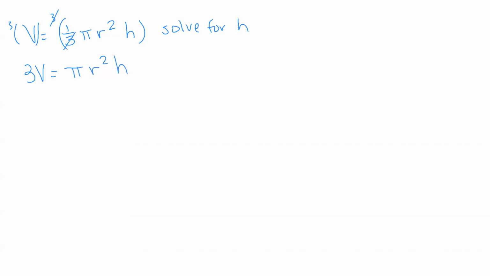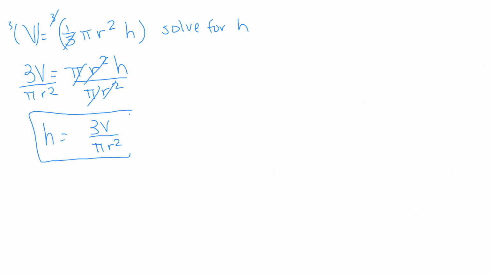Now, we want to get the h alone, and the issue with h is it's being multiplied by pi r squared. So I want to divide both sides by pi r squared. The pi and the r squared cancel on the right, leaving me with h equals 3 times the volume divided by pi r squared. All right.